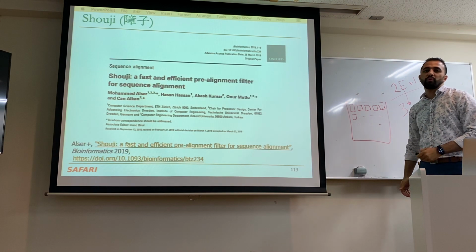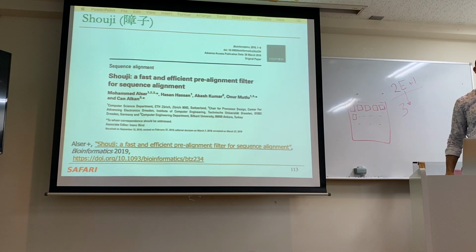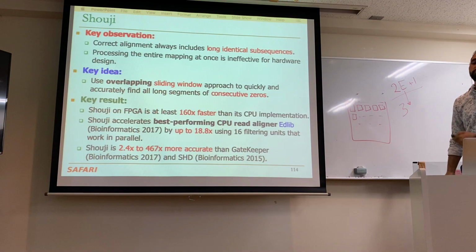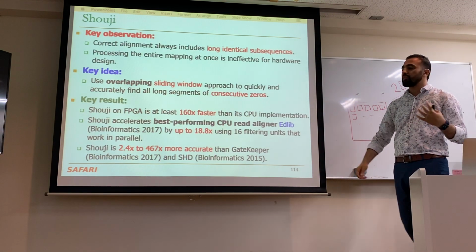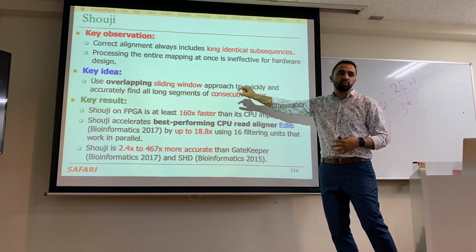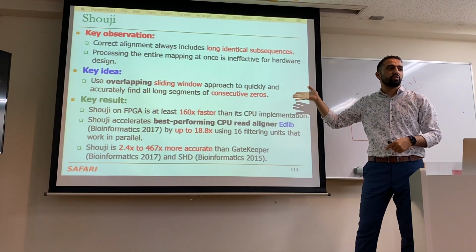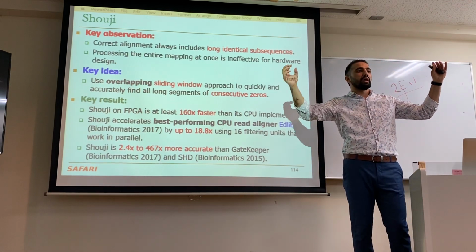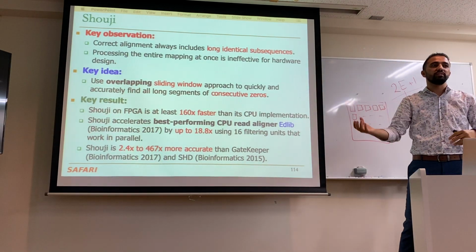So this is the paper we presented to address this issue. We call it Shouji. Shouji is a Japanese term, meaning the sliding door. So what we observe here, as you still remember the green segments in the bit vectors, the green segments of consecutive zeros, where we want to count how many of these zeros we have to know the number of similarity and dissimilarity.